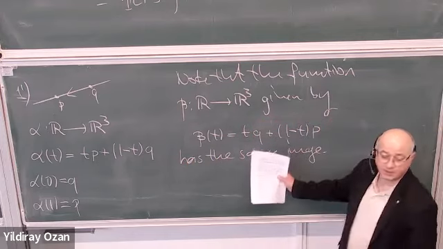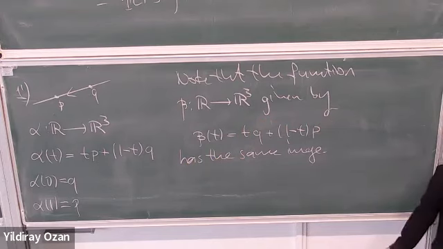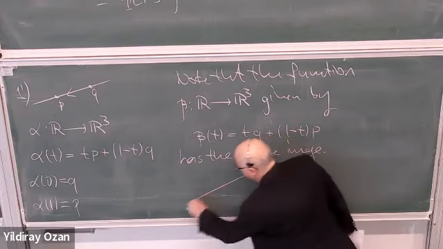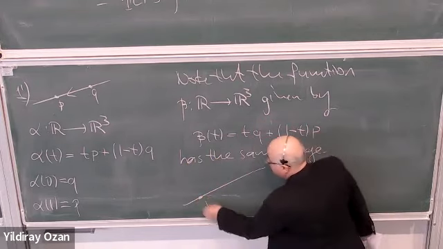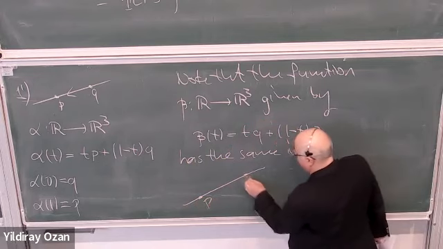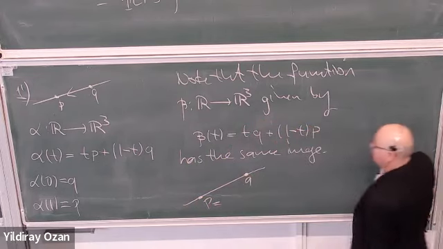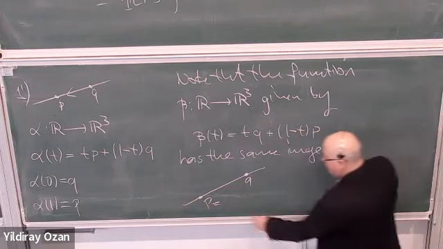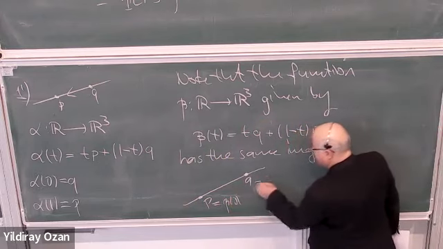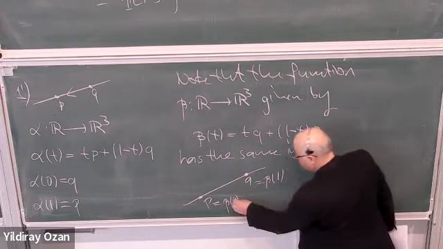Right? This is also the line joining P and Q. But this time, P is here, Q is here. This is beta 0, and this is beta 1, right?